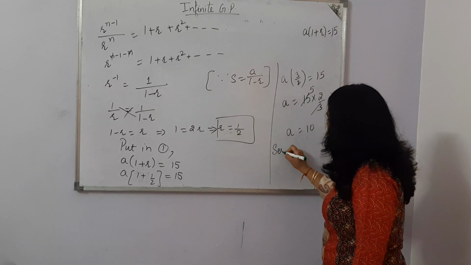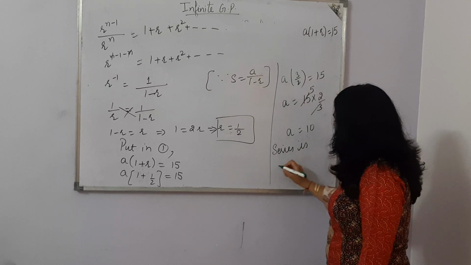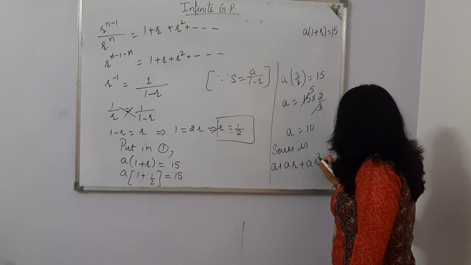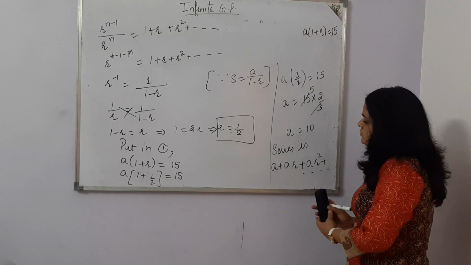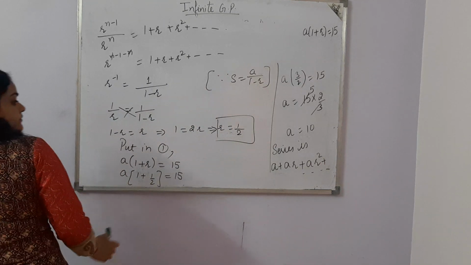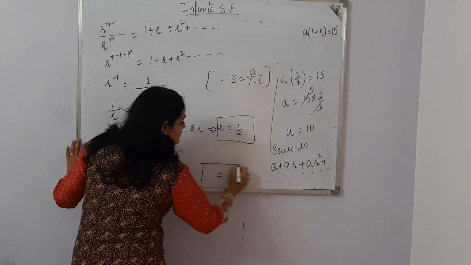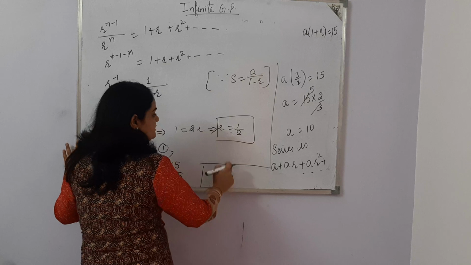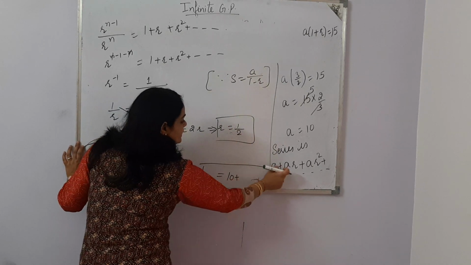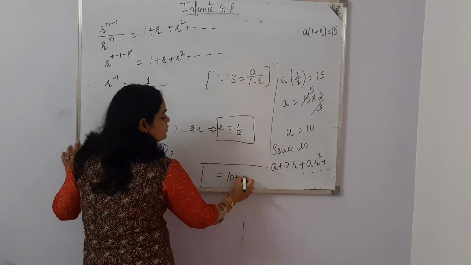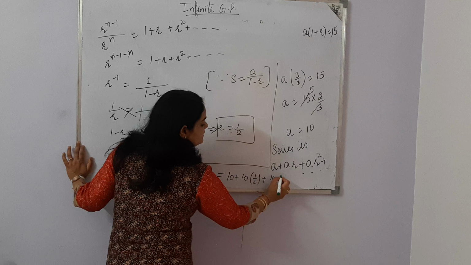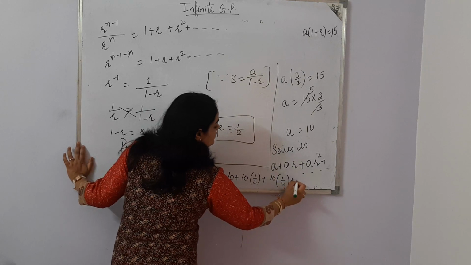We need the series. So the series is A plus AR plus AR square, and so on up to infinity. What is A? A is 10. AR is 10 into 1 by 2, then 10 into 1 by 4, and so on.